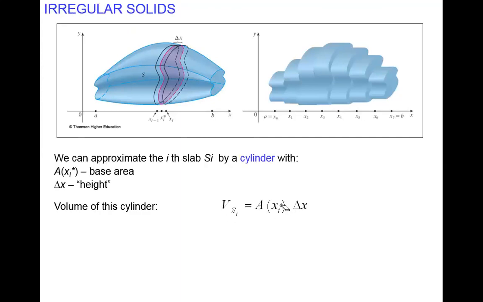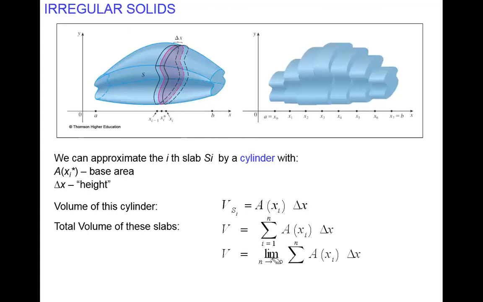That means the volume of each slice will be the cross-sectional area, which of course this one is weird, but we can still try to find it, times the height. Height is the thickness. Now, adding all of them together from 1 to n, I'm adding the sigma, and to have a perfect approximation, I need infinitely many of them.